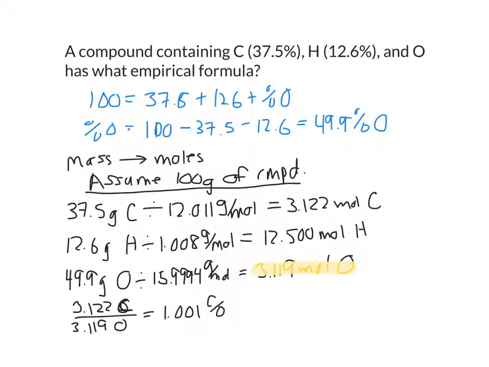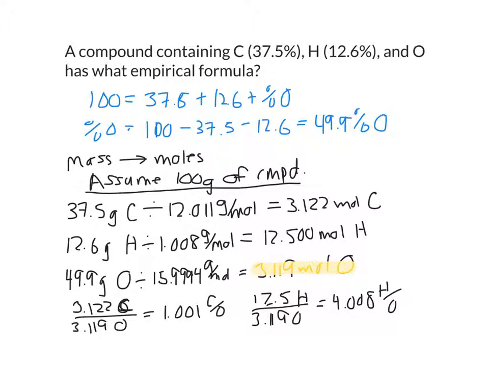And if we do that for the hydrogen, 12.5 hydrogen divided by 3.119 oxygen, we find that we have a 4.008 hydrogen to oxygen ratio. And then dividing oxygen by oxygen obviously gives us one oxygen for every one oxygen.